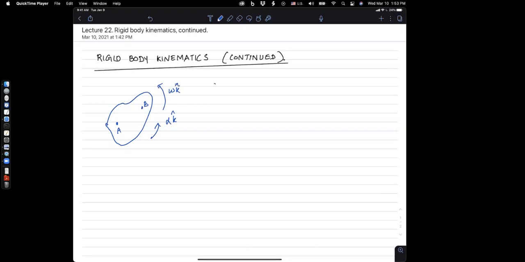And we have two equations, one relating the velocities of A and B. So we have omega cross (RA minus RB).